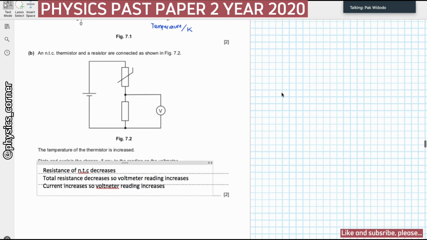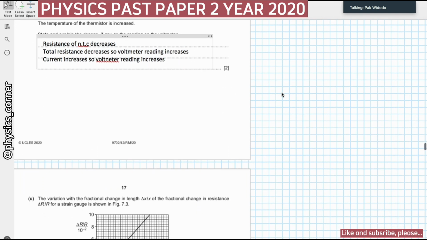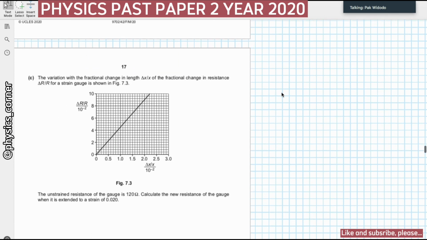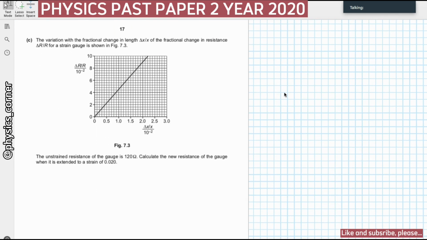We see another question. There is a graph showing the variation with the fractional change in length delta x over x of the fractional change in resistance delta R over R for a strain gauge shown in figure 7.3.